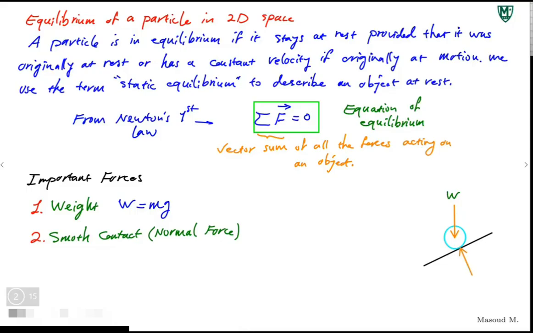Pay attention, this is usually represented with N, normal force. You always look at the point of contact and look at the surface that the object is in contact with. In this case, this spherical or cylindrical object is in contact with this surface, and the force you put as normal force should be perpendicular to that surface, applied at the object exactly at the point of contact.